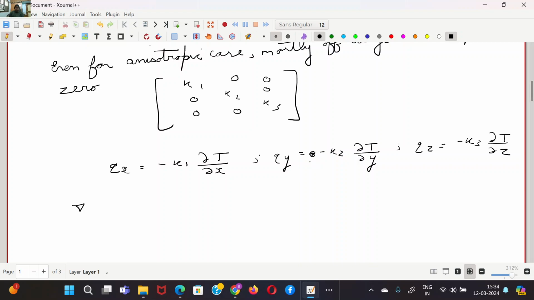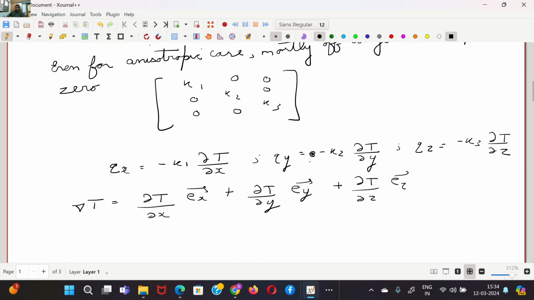Here, what was del T? Del T was dou T by dou x in the x direction, say Ex direction, dou T by dou y in the Ey direction, dou T by dou z in the Ez direction.